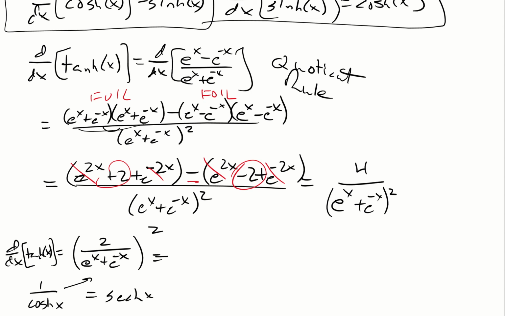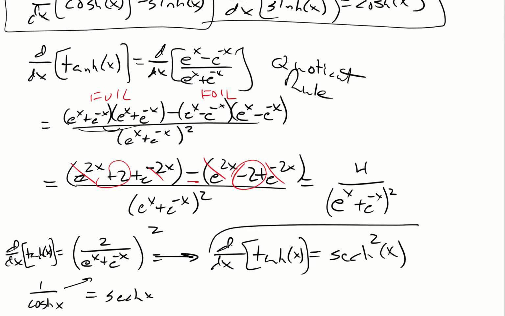So yeah, what this means is when you derive tangent hyperbolic, you get secant hyperbolic squared, just like in trig. In fact, all the derivatives are the same as trig, only they're all positive. This is a perfect world.